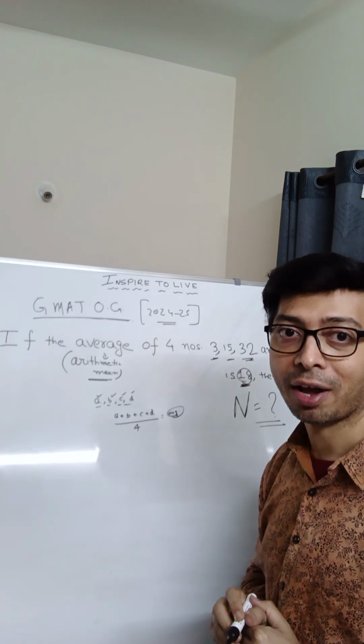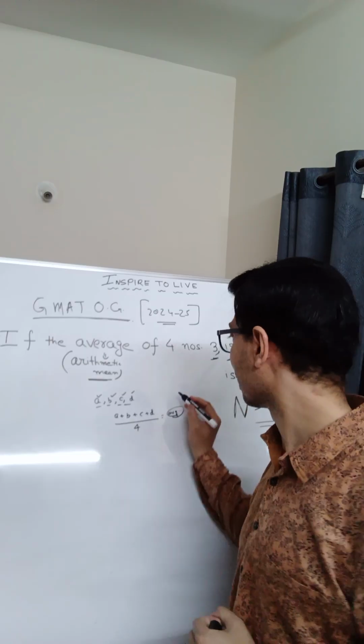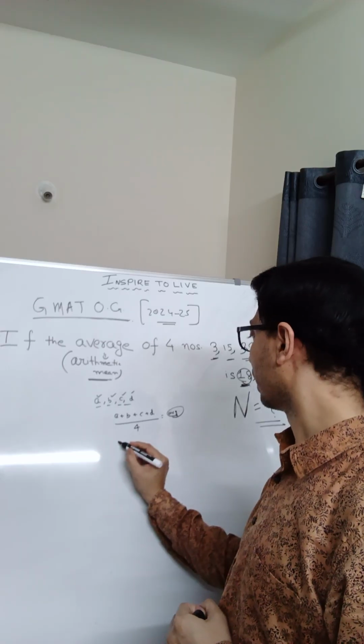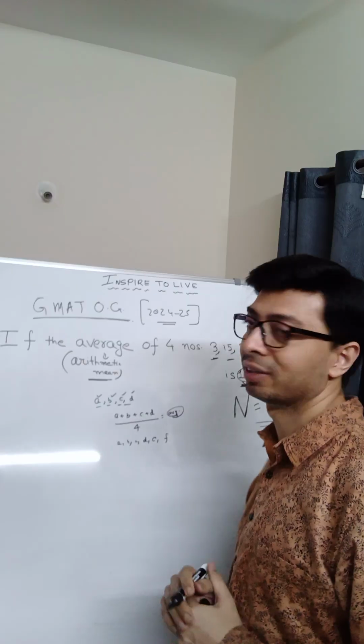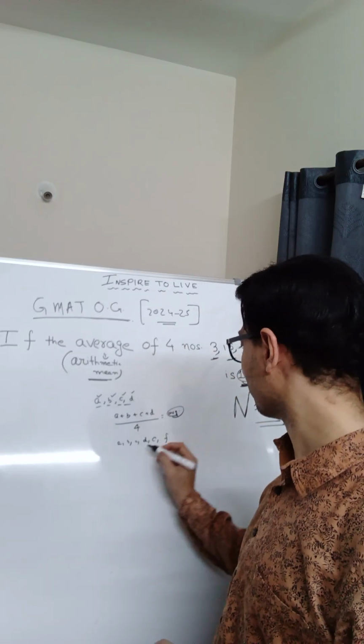Similarly, if I have six numbers, A, B, C, D, E, and F, how do I calculate their average? Very simple.